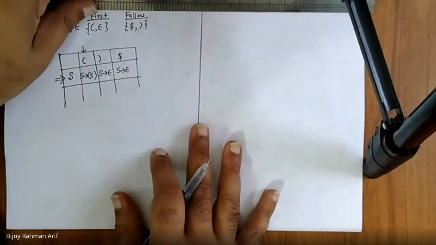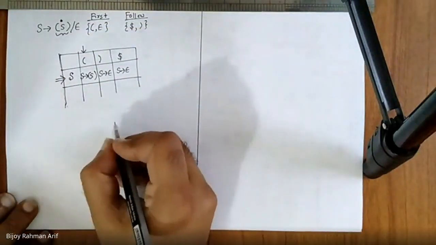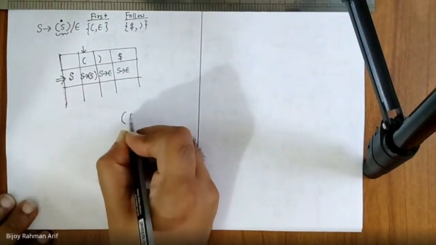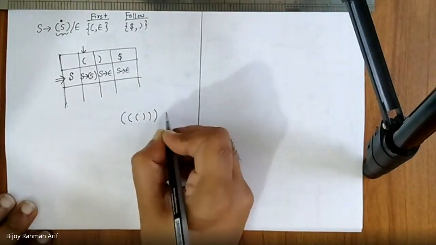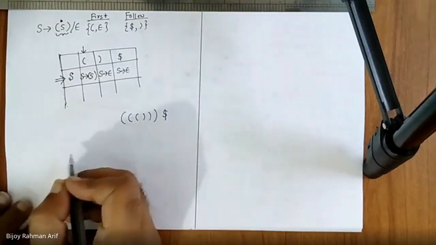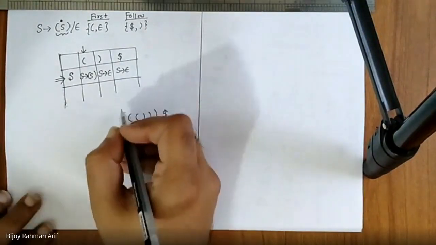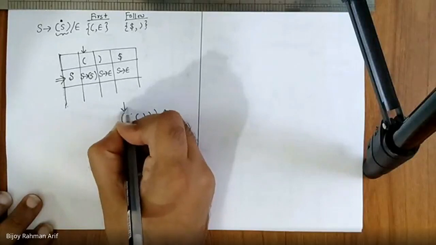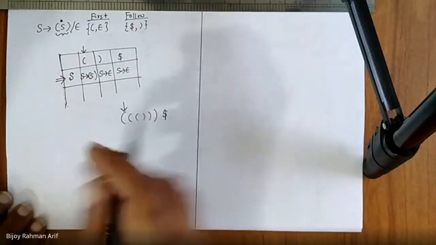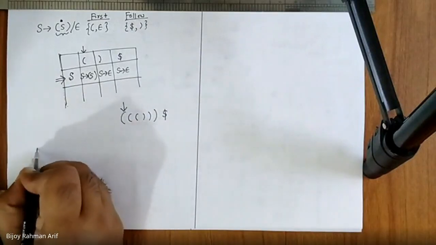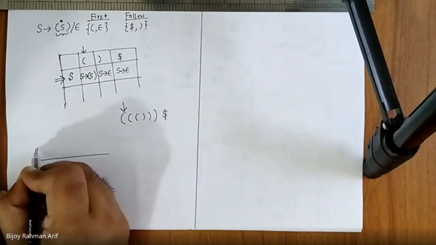Now let's start parsing. So let's take this string. At the end of the string, definitely there will be a dollar, an imaginary dollar. And my current lookahead is here, that is open parenthesis. And at the bottom, I'm going to draw the parse tree. Initially, you will consider a stack.